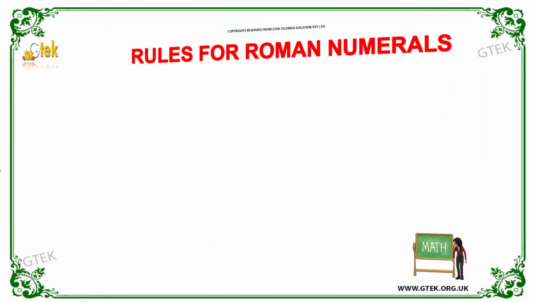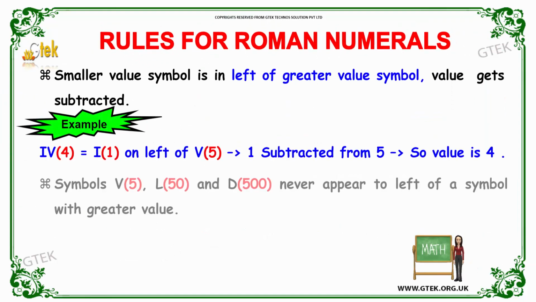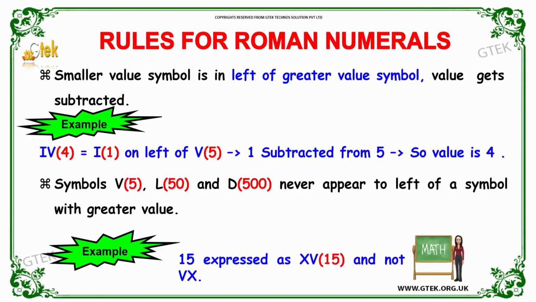Moving on, we are going to see how, when the smaller value symbol is present to the left of the greater value symbol, the value is subtracted. To make this clear, let us go for an example. Here if you see, we have a letter with smaller value to the left of a letter with a larger value.